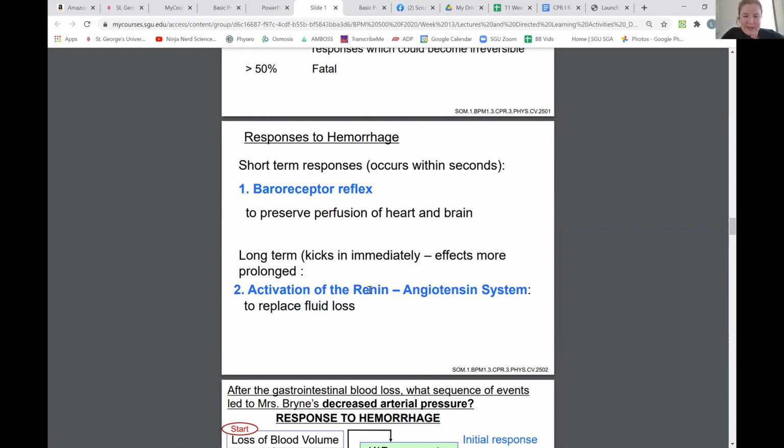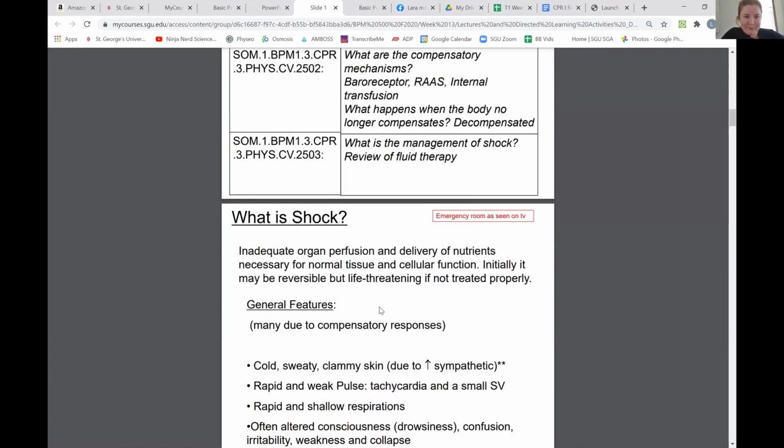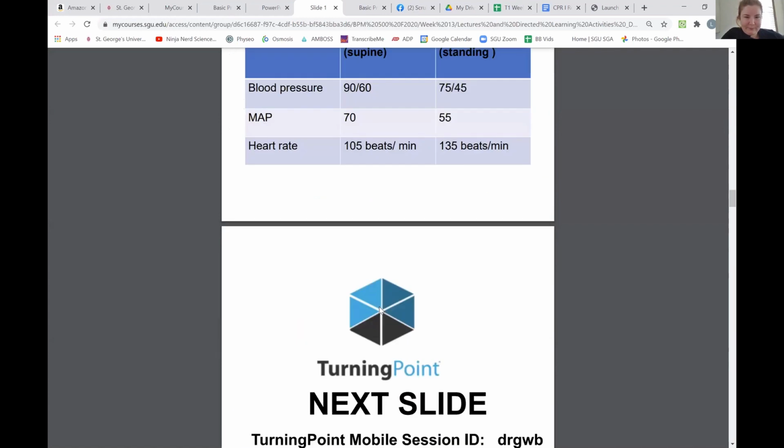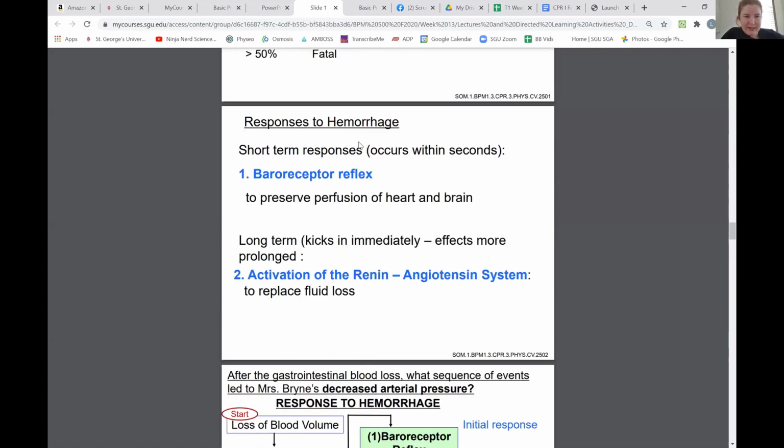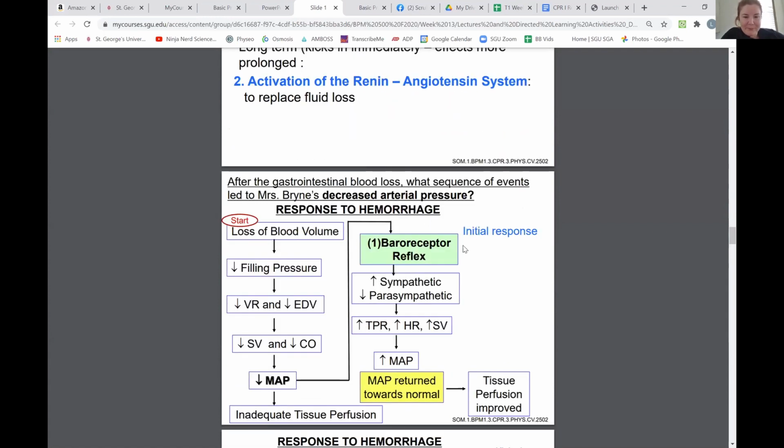And you have this in a couple places. This is the hemorrhagic shock. So 24. Whenever it talks about this, they talk about baroreceptor reflex, and then they talk about the RAS system. So just know that you're going to hit this a little harder in CPR 2, but this is what they want you to focus on right now.